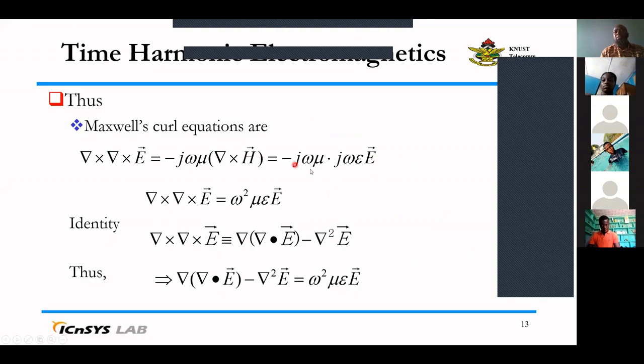We have -jωμ times jωεE. Minus j times j is minus 1, and that cancels this minus. Omega times omega is omega squared, and then you have μ, ε, and E. So the curl of curl of E will be equal to ω²με E.